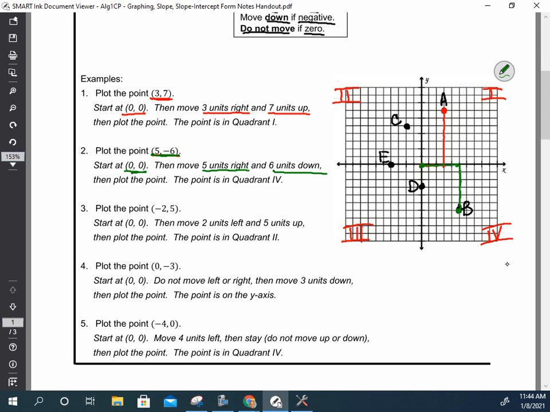And that point rests on quadrant number 4. So again, that's a review of graph. Any questions on part A?